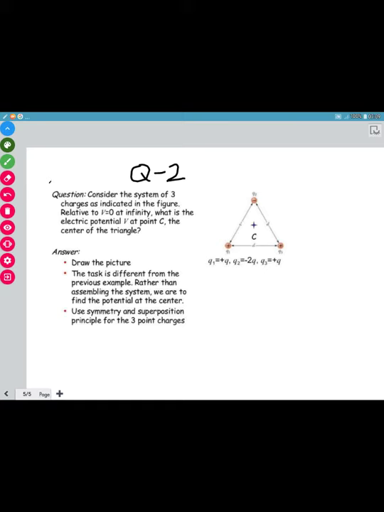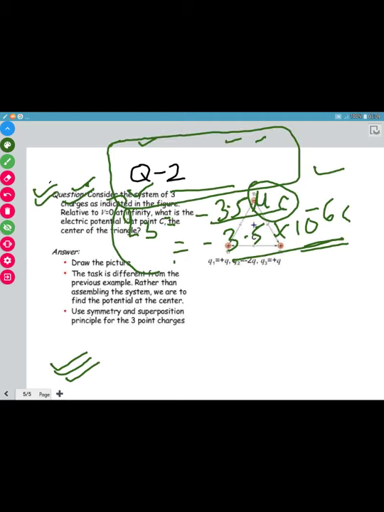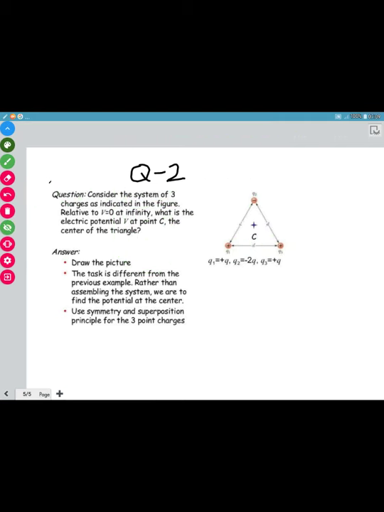What is the electric potential at point C, here at the center of the triangle? Q1, Q2, Q3, all the things are given. D is the distance between the charges, that means it is an equilateral triangle, and you have to find the potential at point C.